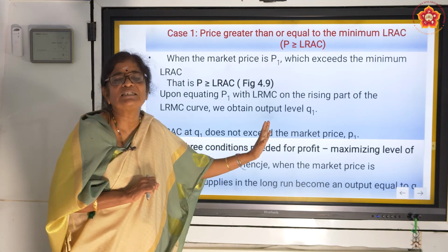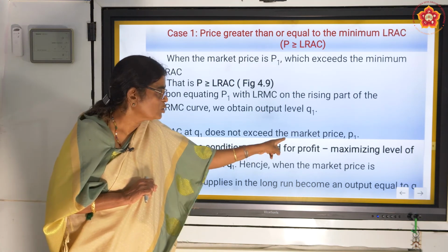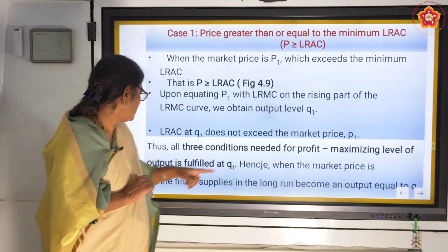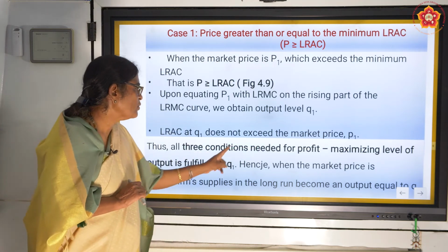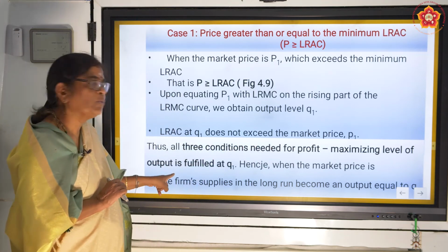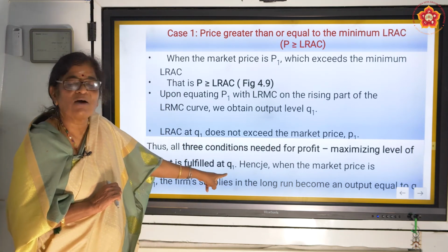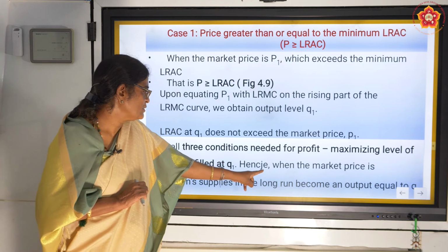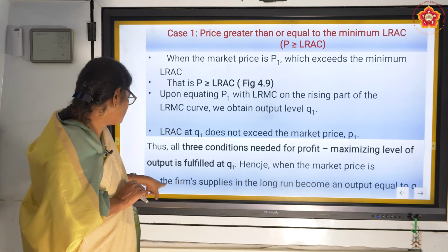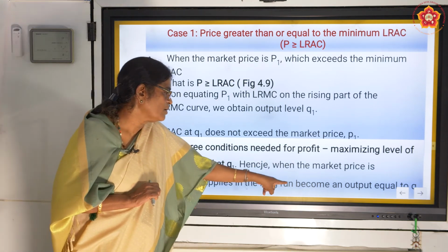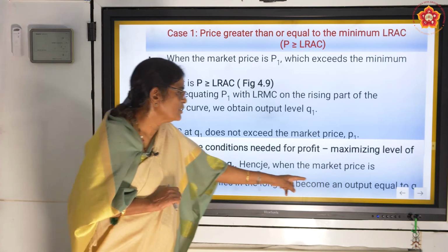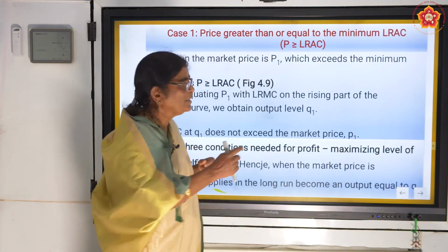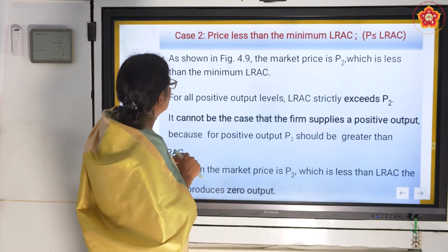Therefore, the third condition, price should be greater than LRAC, is also fulfilled at price P1. Thus, all three conditions needed for profit-maximizing output are fulfilled at output level Q1. Hence, when the market price is P1, the firm supplies in the long run an output level equal to Q1. That means Q1 is the profit-maximizing level of output.